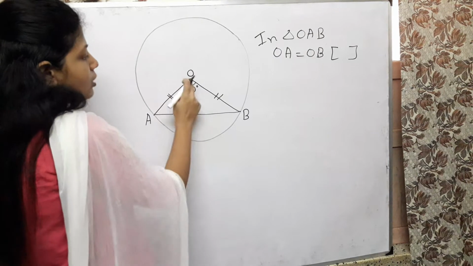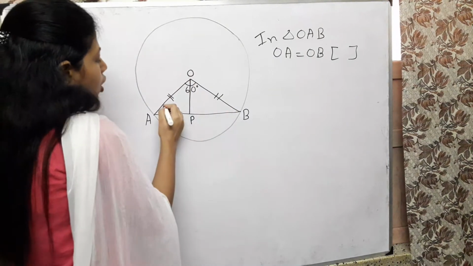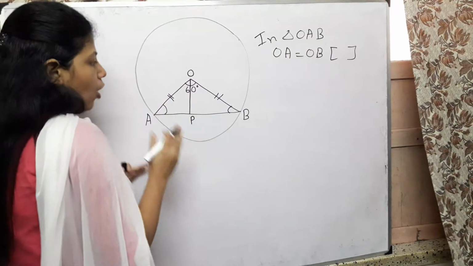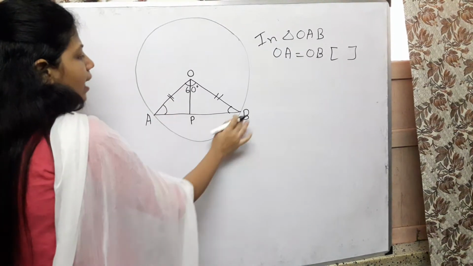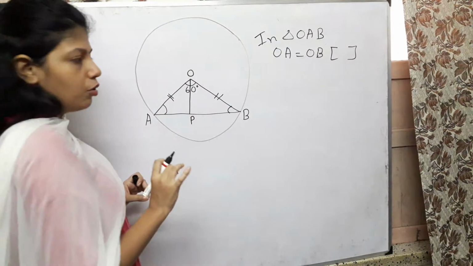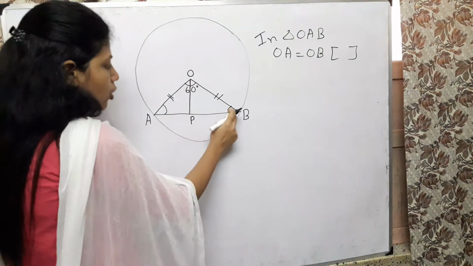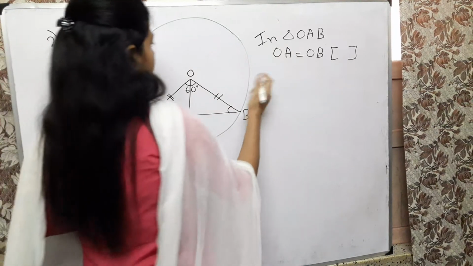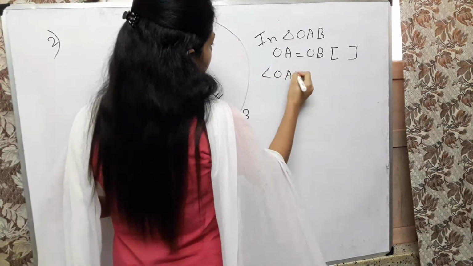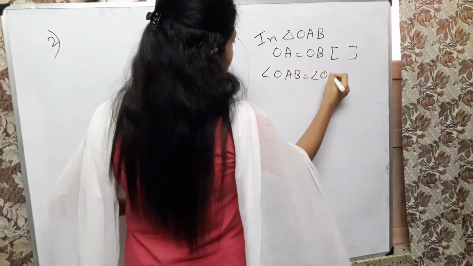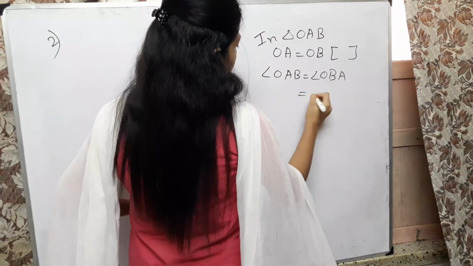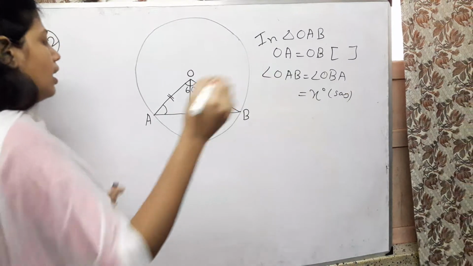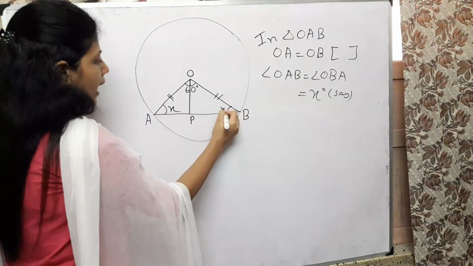Since these two sides are equal, their corresponding opposite angles are also equal, because till now we can say that it is an isosceles triangle. If two sides are equal, their corresponding opposite angles are also equal. That means angle OAB equals angle OBA equals x degree, suppose. Now these two are x.